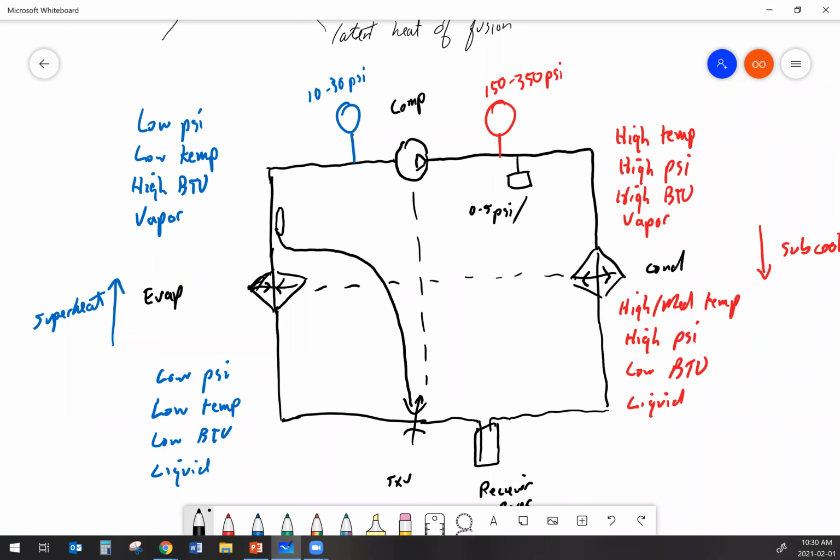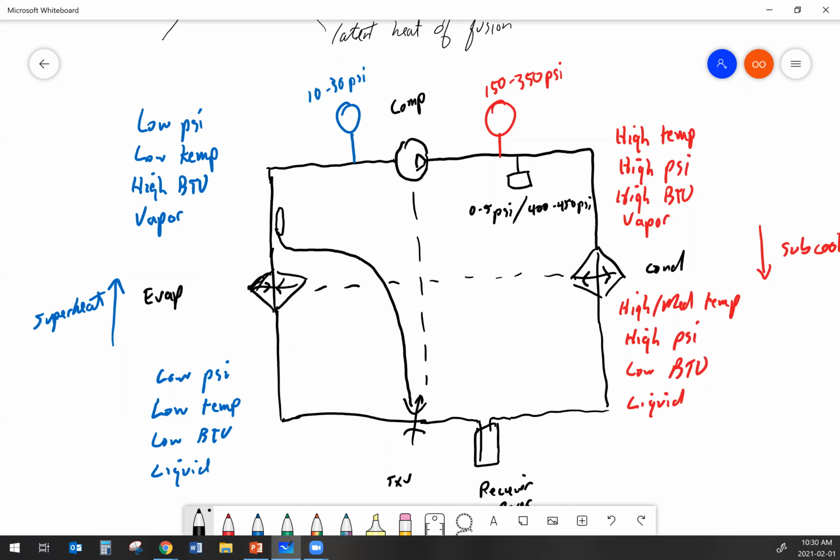If we get back above that, it'll cut in. And then on the high end, if the pressure gets too high on the outlet of the compressor, usually somewhere between about 400 and 450, depending on the system, it's going to cut out again at the high end.